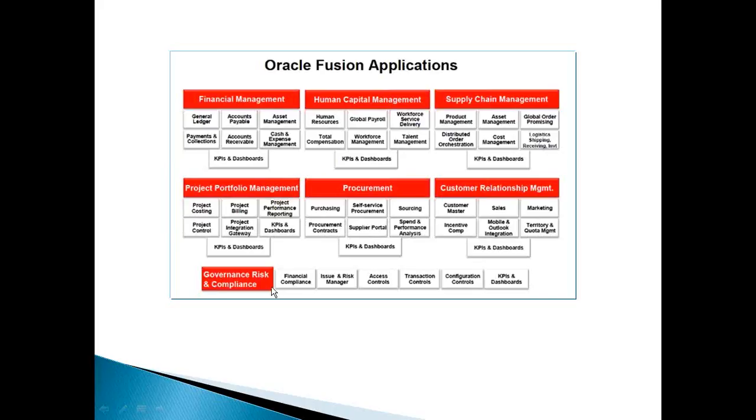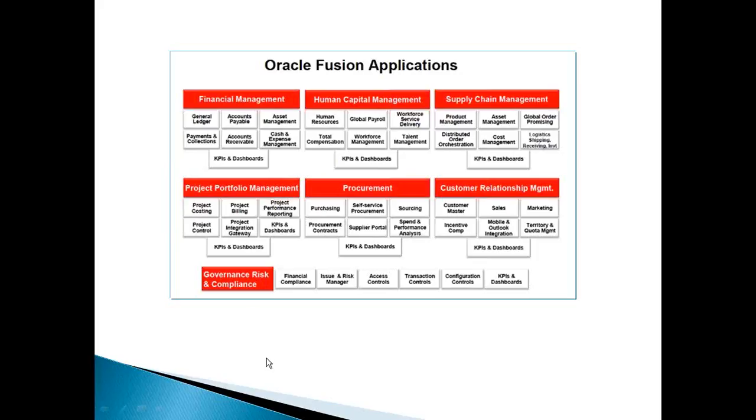And GRC, governance, risk and compliance, is used to write certain policies or conditions. If somebody is performing a particular task, that person should not have access to certain other functions. That kind of predefined rule you can build using GRC. Generally we see this in companies with a large user base working on the application, or where there are very strict rules that a provision should not be given to a user who already has a particular access, so there should not be other privileges for them.